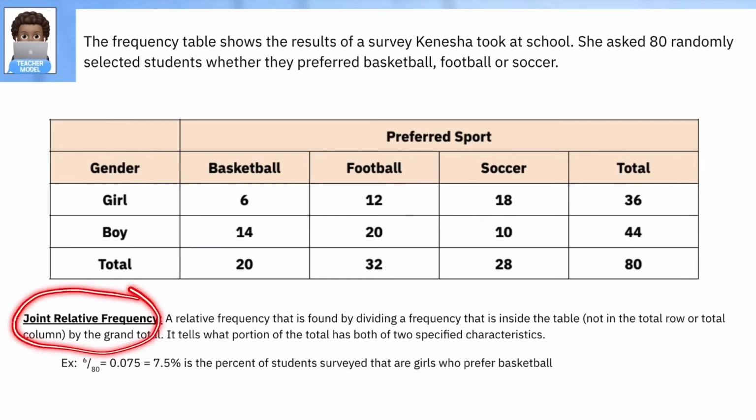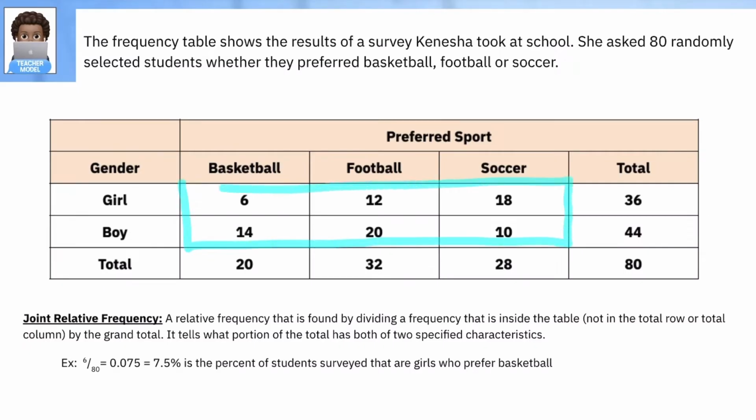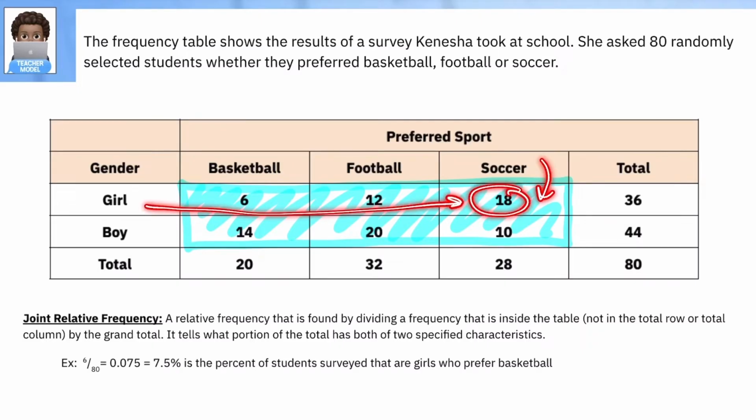We're going to look at the joint frequency, and by joint frequency it just means in this part in the middle we're joining together those two categories. Okay, so let's say I'm looking at the category of soccer and girls. So 18 represents both of these categories combined. They're joined together. So that's why I put this in the middle for a joint frequency.